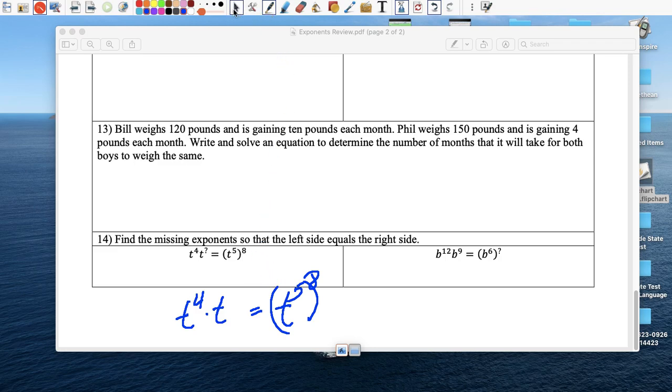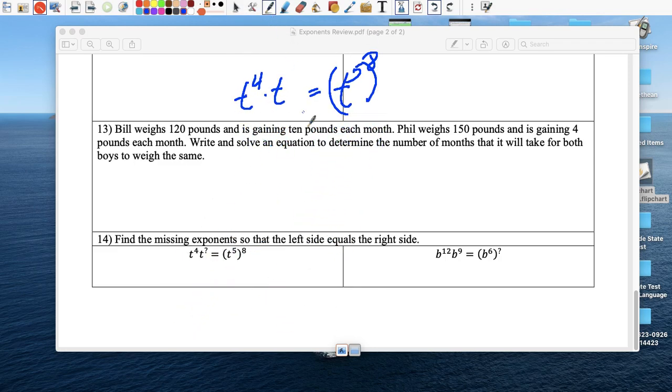Well, if you think about it, let me just move this upstairs. Let's do the right side because I have both values. t to the 5th raised to the 8th power. Well, it's a power to a power, so we keep the base and we multiply the exponents, and it gives me 40. So, over here it says t to the 4th times t to the something. What do I need to put over here so that it gives me 40?